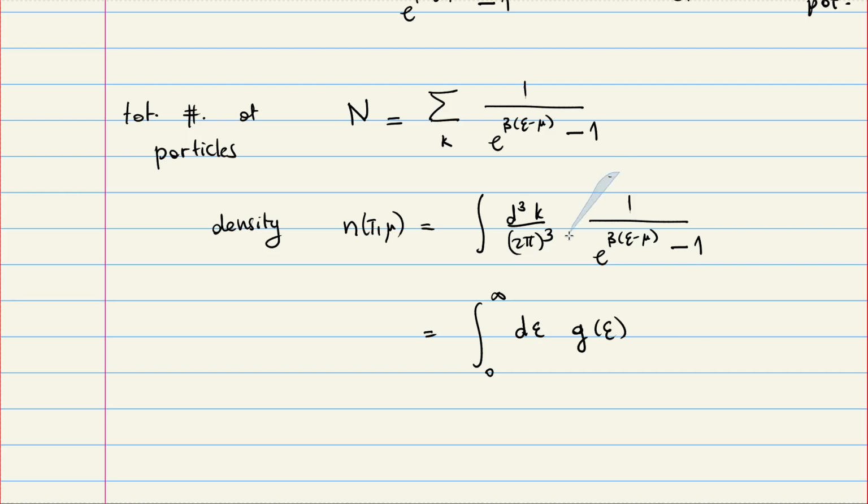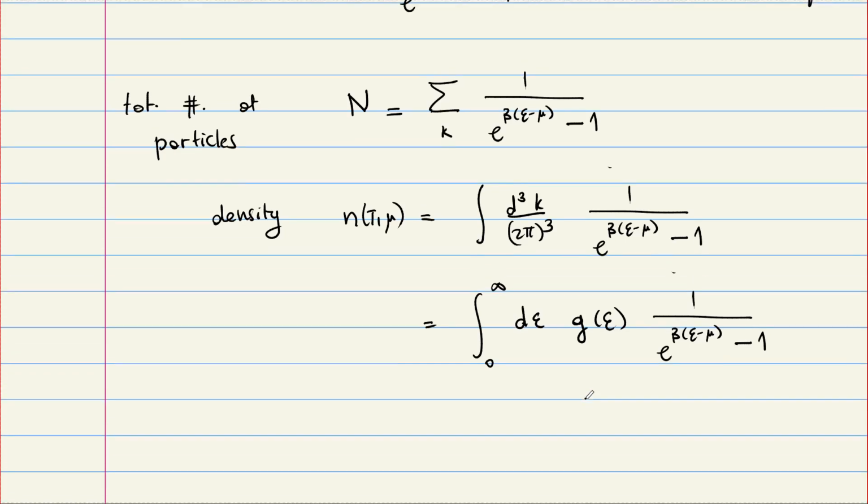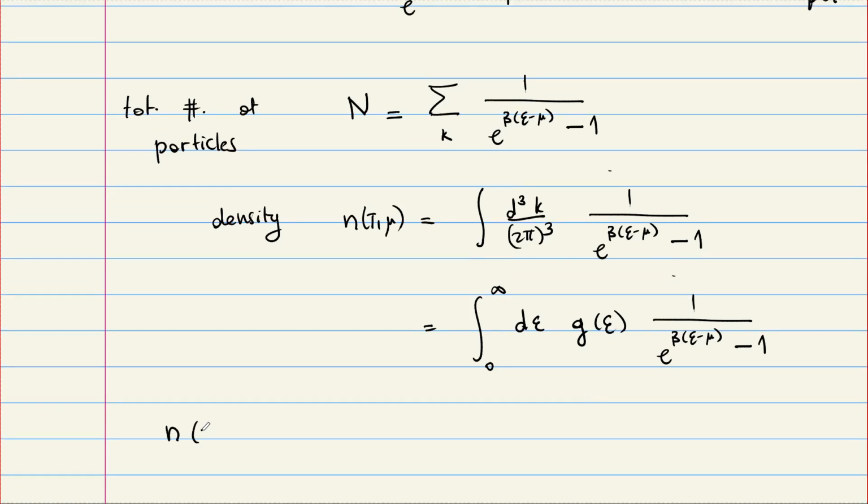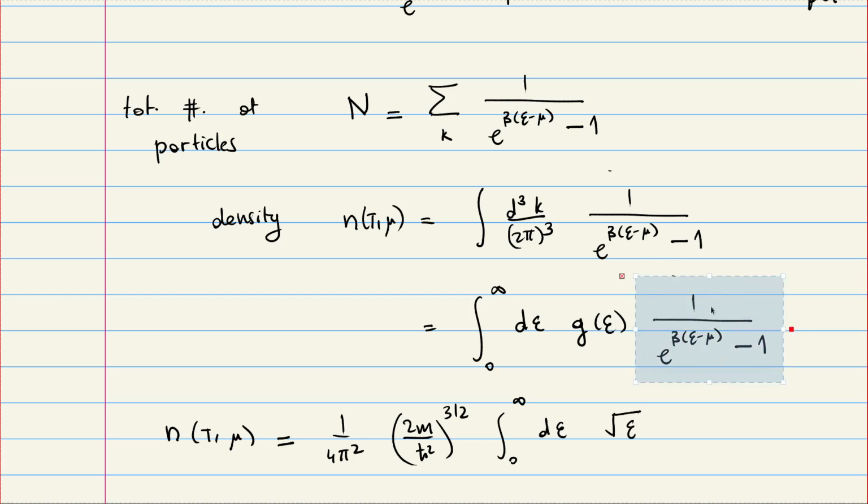And this thing, let me write it: n of T, mu is equal to 1 over 4 pi squared, (2m over h bar squared) to the 3/2, integral from 0 to infinity d epsilon, root epsilon, and this Bose factor.